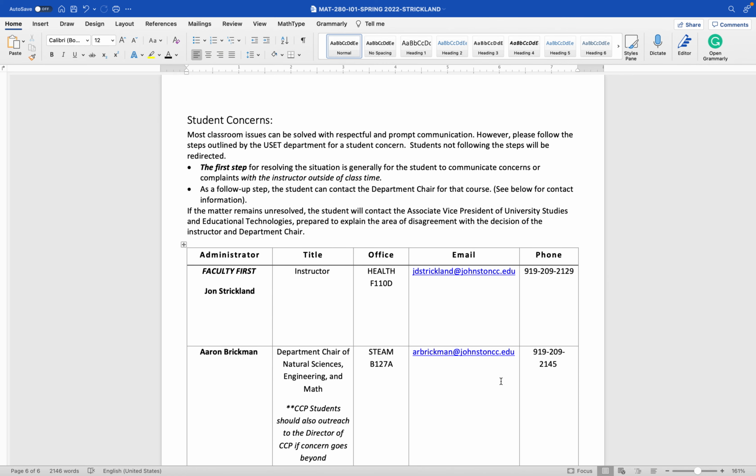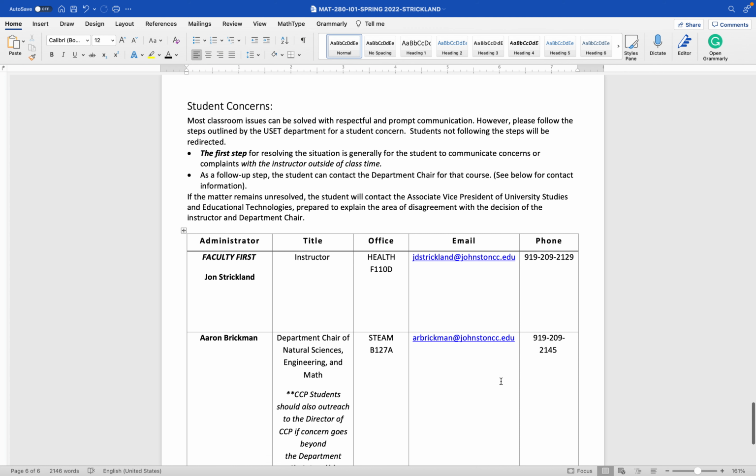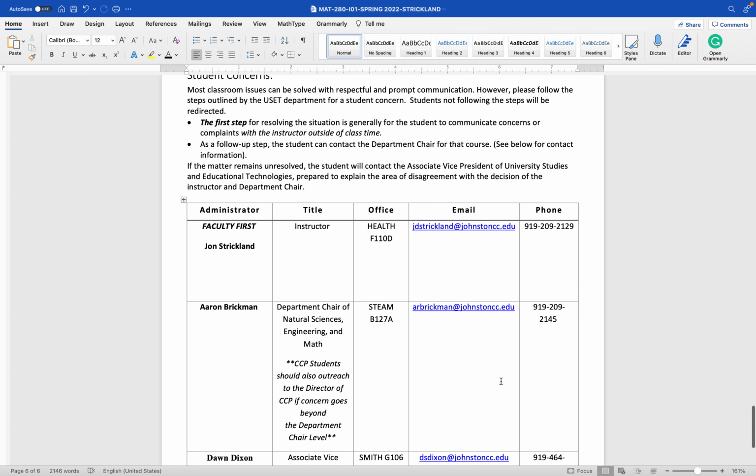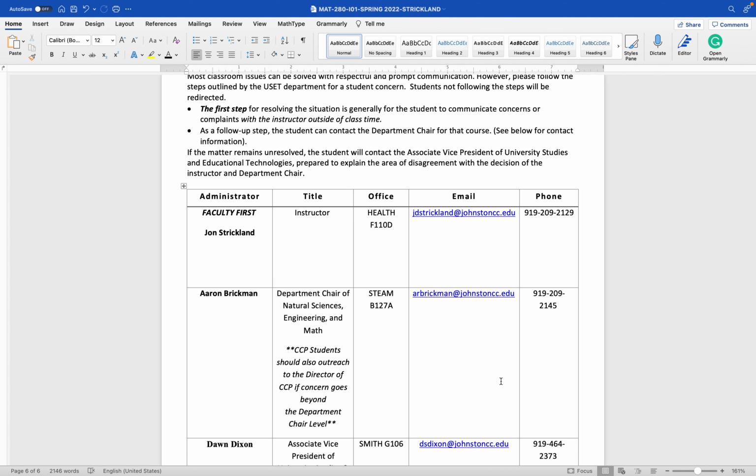And for student concerns, most classroom issues can be solved with respectful and prompt communication. However, please follow the steps outlined by USET for a student concern. Students not following the steps will be redirected, and the first step for resolving the situation is generally for the student to communicate concerns or complaints with the instructor outside of class time.